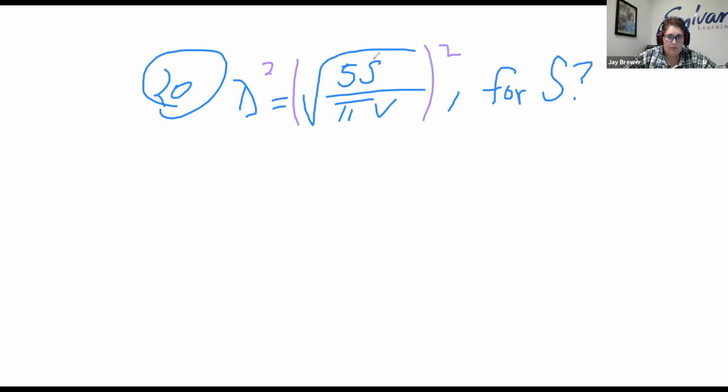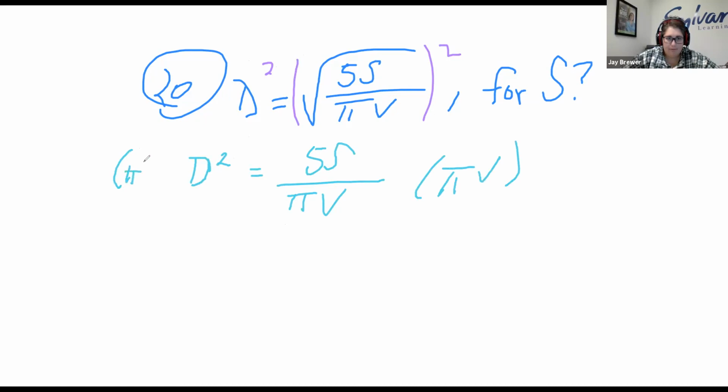Okay. So then you end up with d squared equals 5s over pi times v. Gonna multiply both sides by pi times v. They cancel.